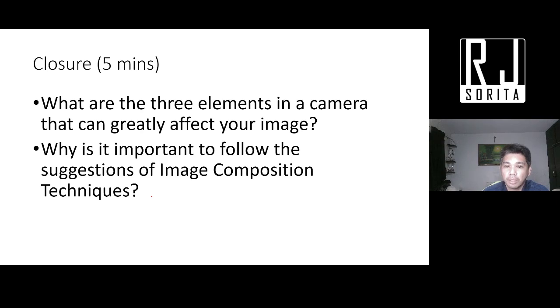After the light bounces from the subject, the reflection will get into the lens, and then what are the three elements inside the camera that will affect how the image is produced? And then next, why is it important to follow the suggestions of image composition techniques?